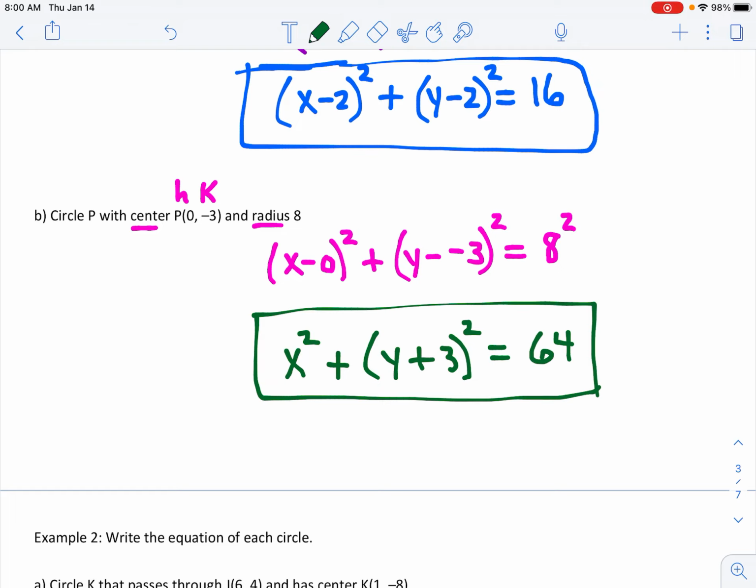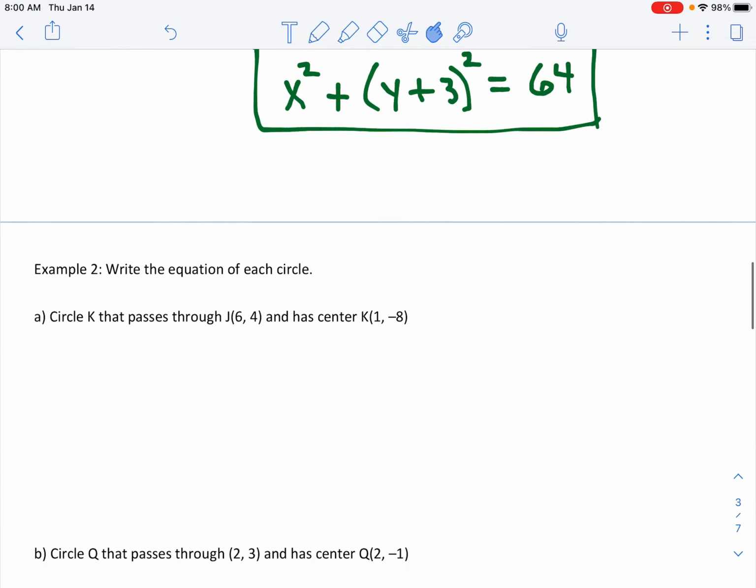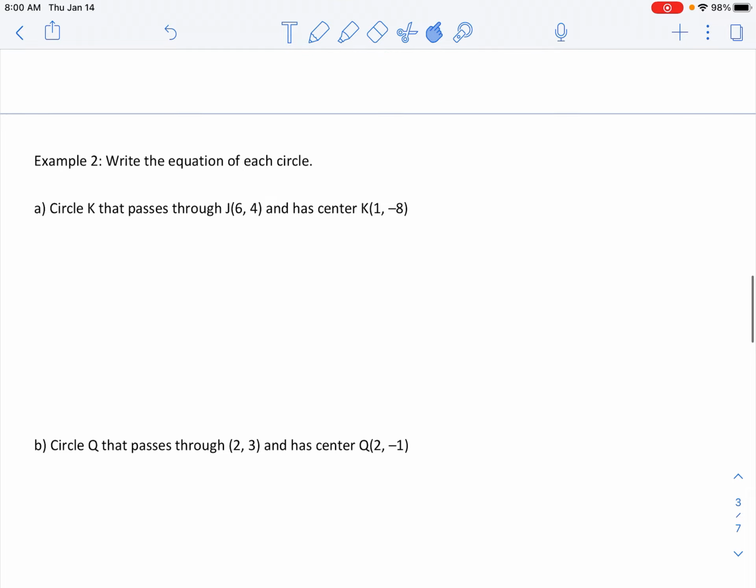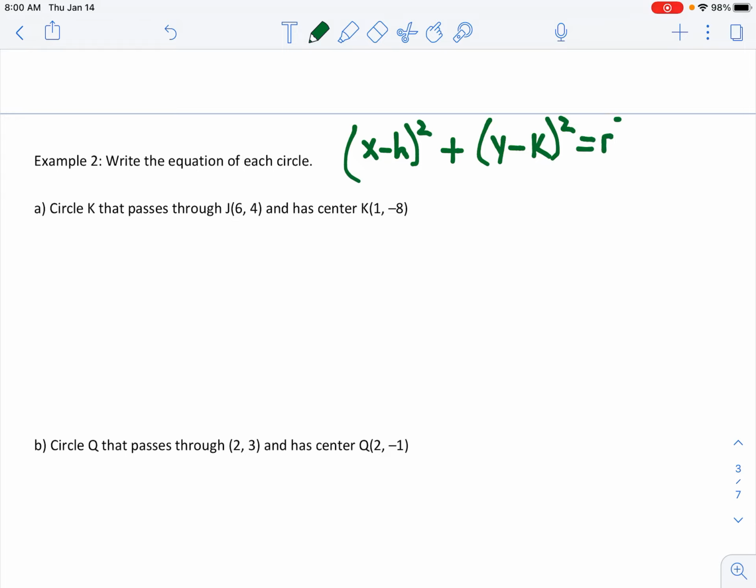All right, so if they give us the center and the radius, we're just going to plug it into the formula and then clean it up. Okay? Now, let's go ahead and look at some examples of what happens when they don't give us the center or they don't give us the radius, one of the two. All right, so here we go. I'm just going to first, real quick, write the equation of the circle up on top so that we have it. (x minus h) squared plus (y minus k) squared is equal to r squared.